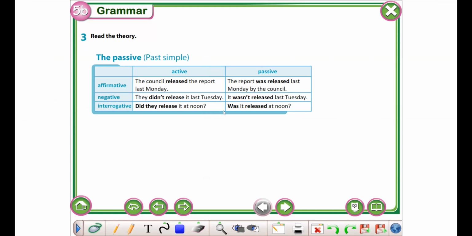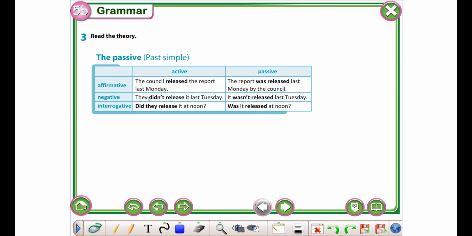Yes, okay. So this is something to do with your textbook on page 79, where the passive voice of the past simple tense is explained. So the council released the report becomes the report was released last Monday by the council. We introduce the agent with the preposition by.